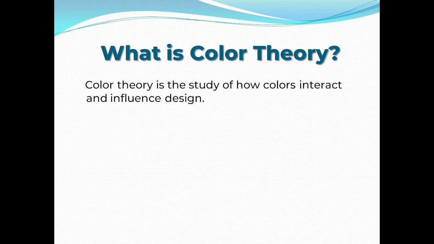So we're going to be looking at color theory, the study of how colors interact and influence design. So how do colors relate to design? How is color important to design? What are the things about color when it comes to design? That's what color theory is about. So this is color theory.